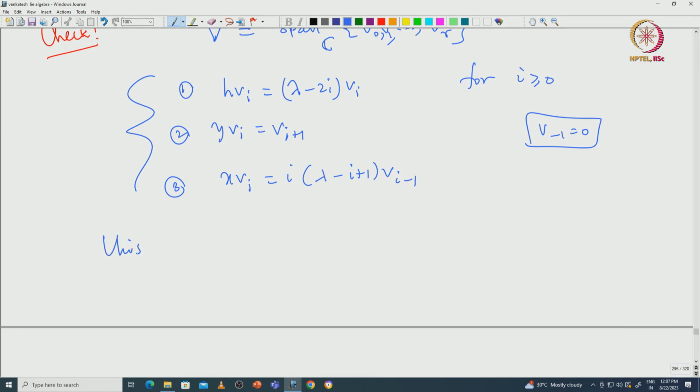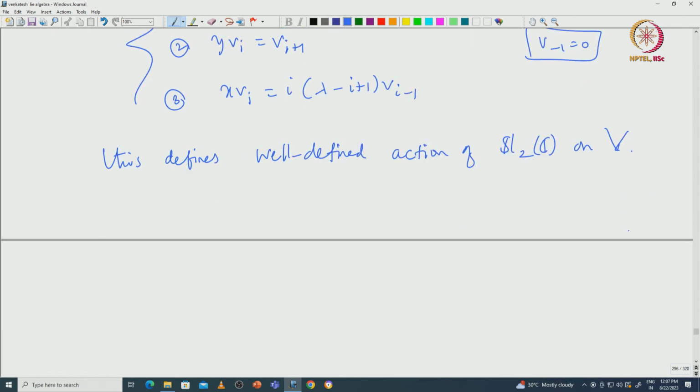So, this defines a well defined action of sl2C on capital V. So, what is one supposed to check?